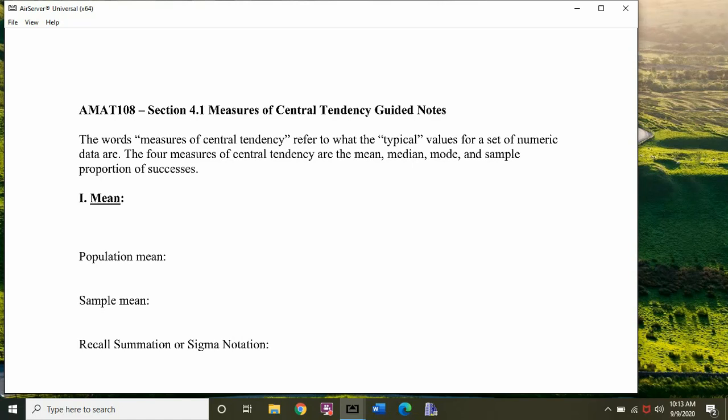So the mean, most of you probably realize this already. It's the average. We call it the arithmetic average of a set of numbers. And how do we find this value?